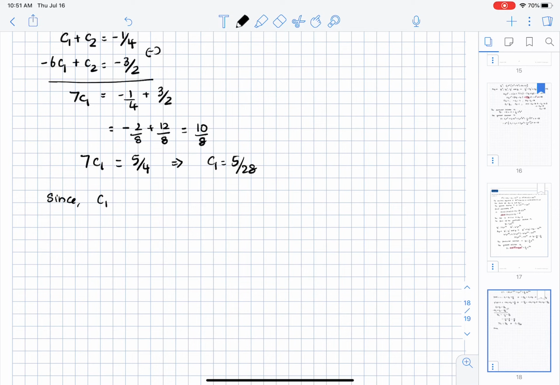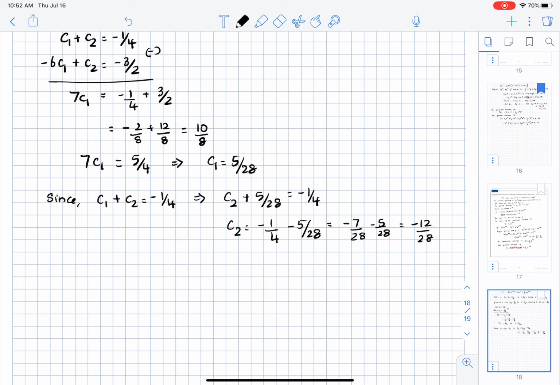In the first equation, c1 plus c2 is minus 1 over 4, which would imply c2 plus 5 over 28 equals minus 1 over 4. c2 would equal minus 1 over 4 minus 5 over 28, and that would give us negative 7 over 28 minus 5 over 28, which is minus 12 over 28, and that is negative 3 over 7.